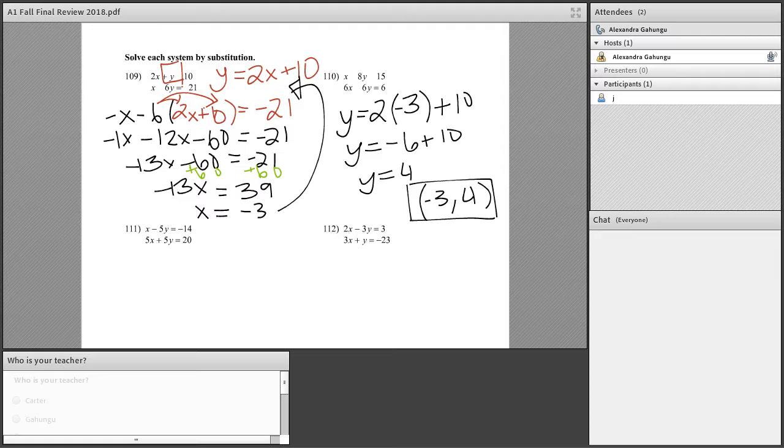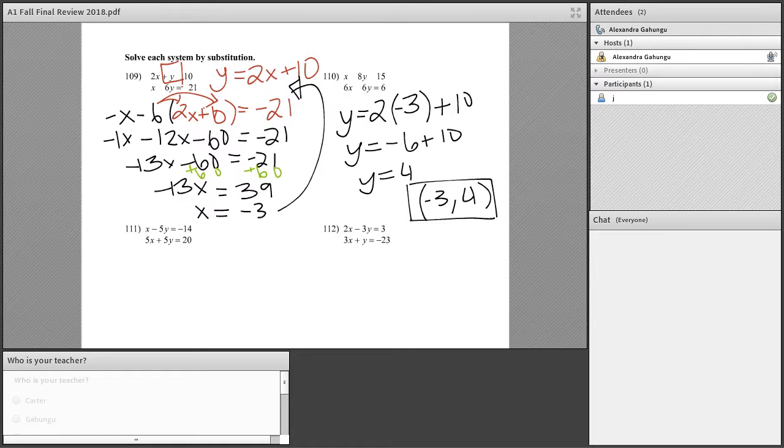And if you were to plug it back into both of these equations, you'd get a true statement for both, so you know that they are solutions. If you have any specific questions or certain type of question you want to ask, or you want to see worked out, you can.